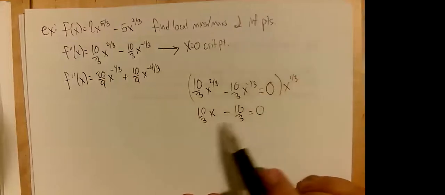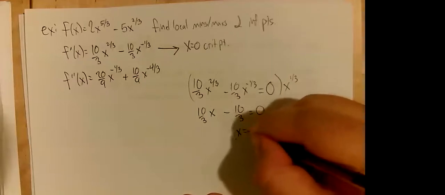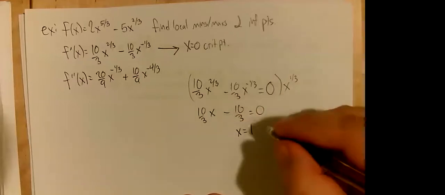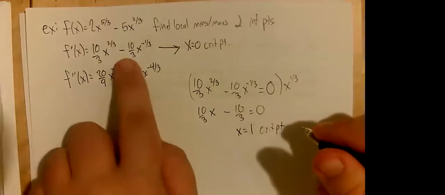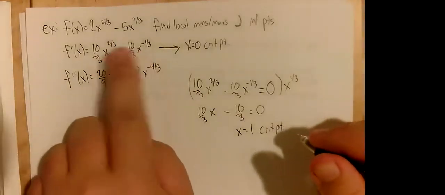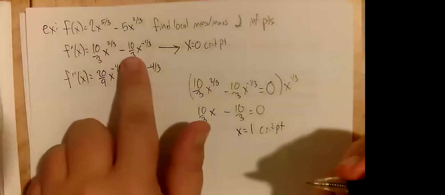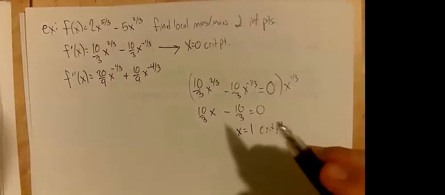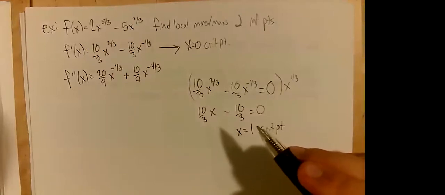Finally, I can multiply both sides by 3/10, add this over, and we end up getting that x equals 1 is also a critical point. This kind of makes sense if you look at the equation. If we plug in 1, 1 to any power is 1. So we have 10/3 minus 10/3, which is 0. So these are our two critical points here.